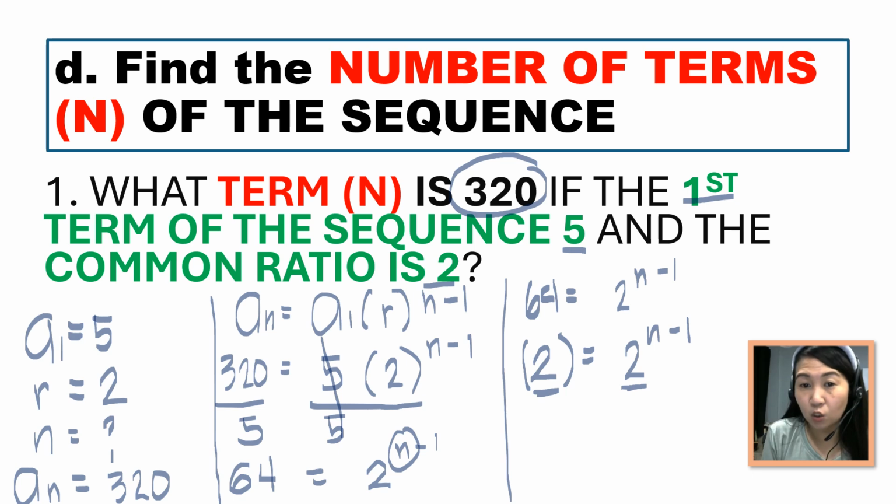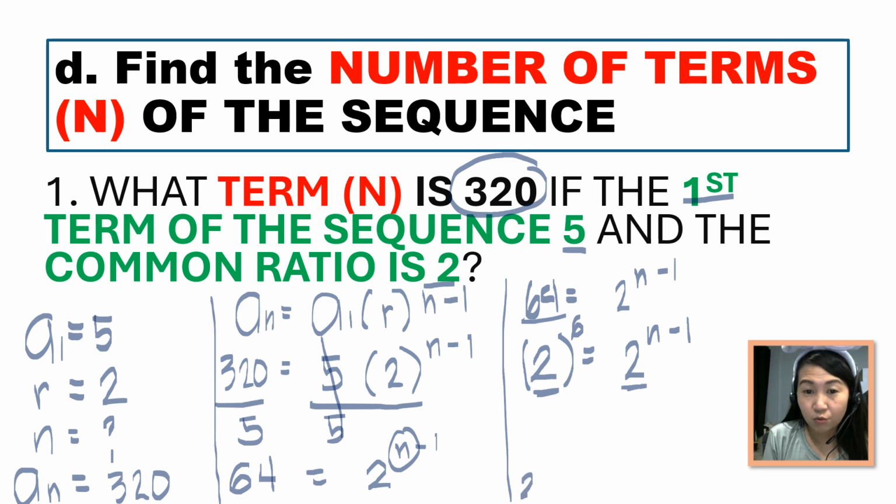Pero ang value dapat nito ay 64. So, what exponent are you gonna put in 2, para ang maging sagot natin ay 64? Okay, so the answer here is 6. So 2 raised to 6 is 64. Tama po?